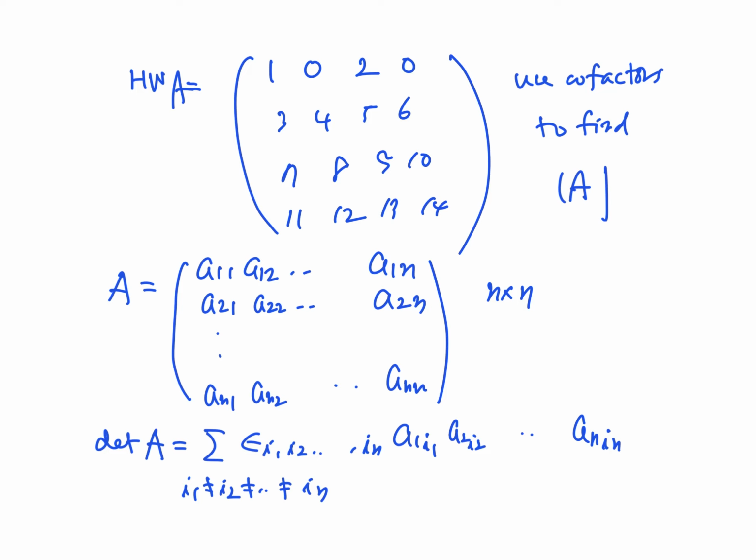This generalized Levi-Civita symbol epsilon i1 i2 ... in is plus 1 if the indices are all different and an even permutation, minus 1 if odd, and 0 otherwise.